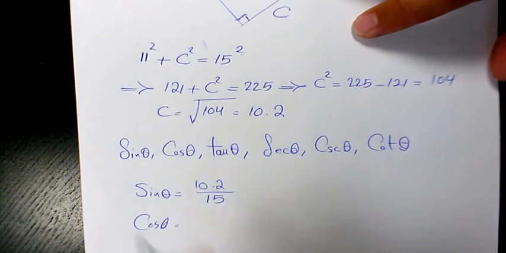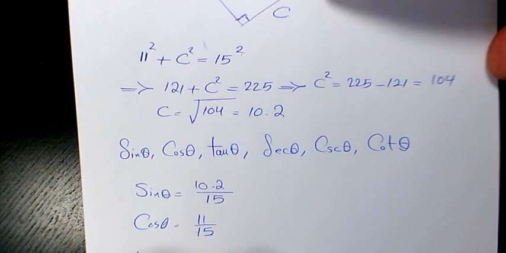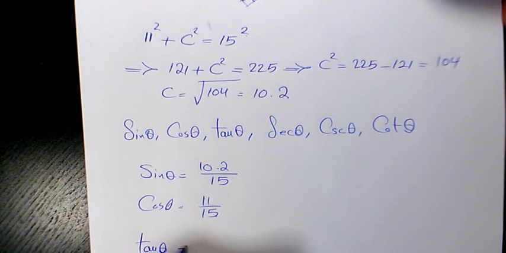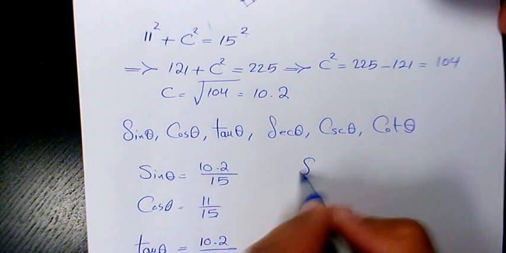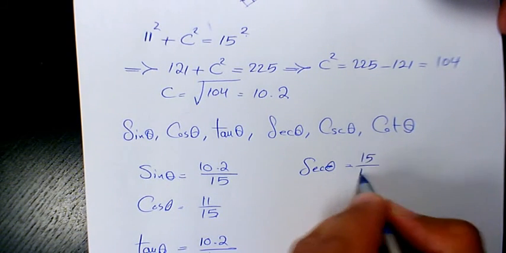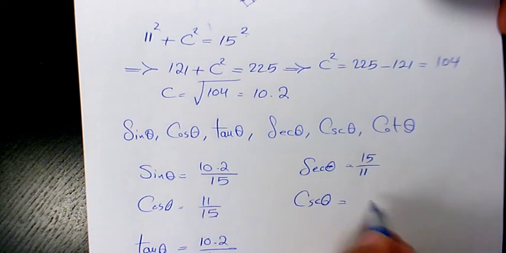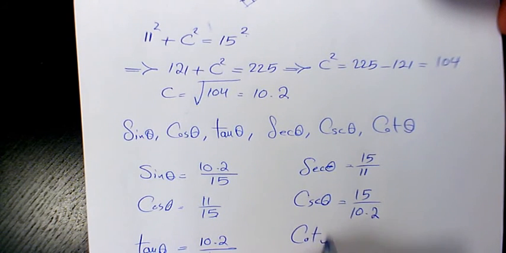Cosine is going to be adjacent over hypotenuse, so 11 over 15. Tan theta is going to be opposite over adjacent, which is going to be 10.2 over 11. Secant theta is inverse of cosine, which is 15 over 11. Then we have cosecant theta is going to be 15 over 10.2. And we have cotan theta is going to be 11 over 10.2.